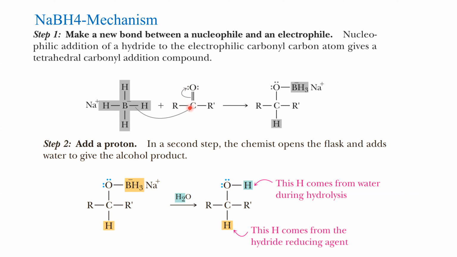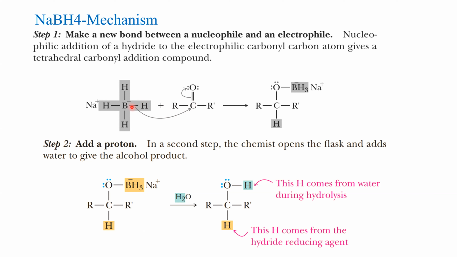So this is ready for the attack of any electron-rich species. The sodium borohydride is there, so this bond will break, and this electron pair will attack this electrophilic center, the carbonyl carbon, right?